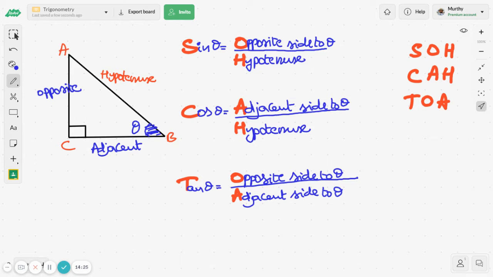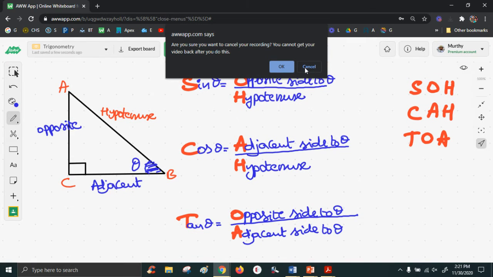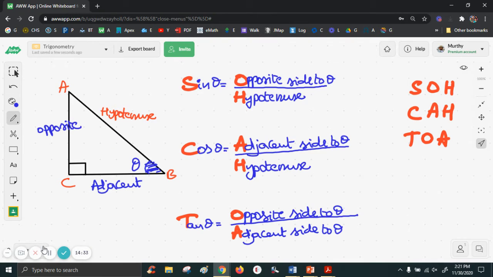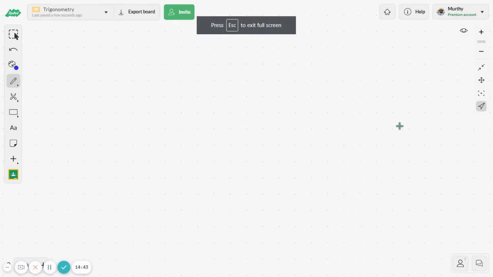So let's go to the whiteboard now, and let me open a fresh page. Here I'm taking a right angle triangle first.